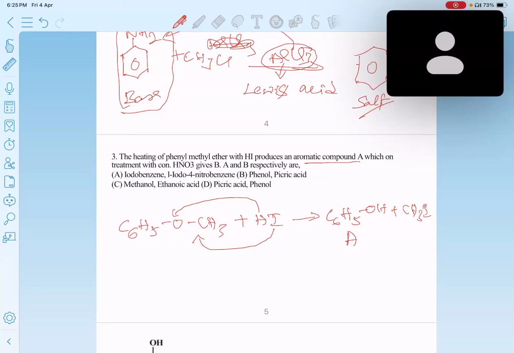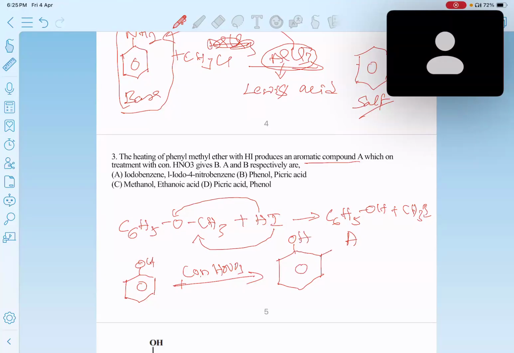Then phenol is treated with concentrated HNO3. Nitration takes place at both ortho and para positions when treated with concentrated nitric acid.